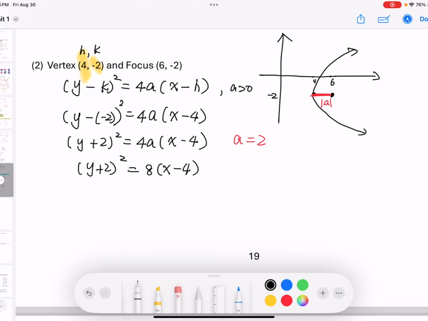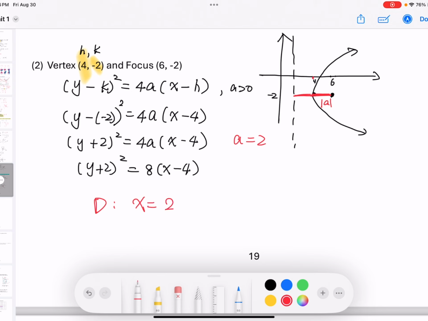We're almost done. We just need to find the directrix. The distance from the directrix to the vertex is also 2. So I use 4 minus 2, moving left 2 units, which is 2. So the directrix is x is equal to 2.